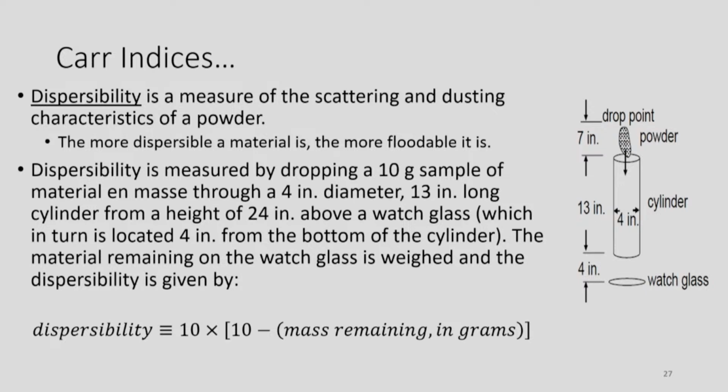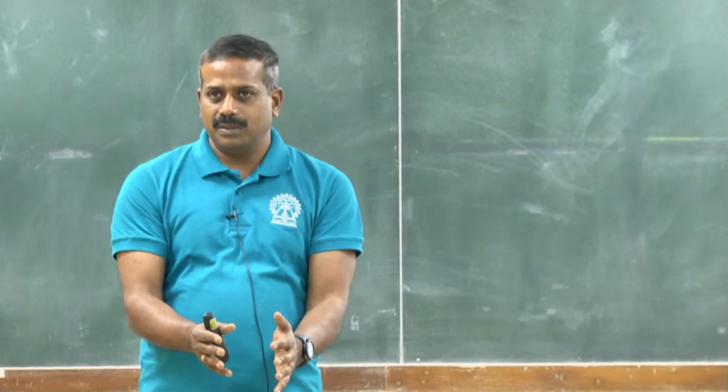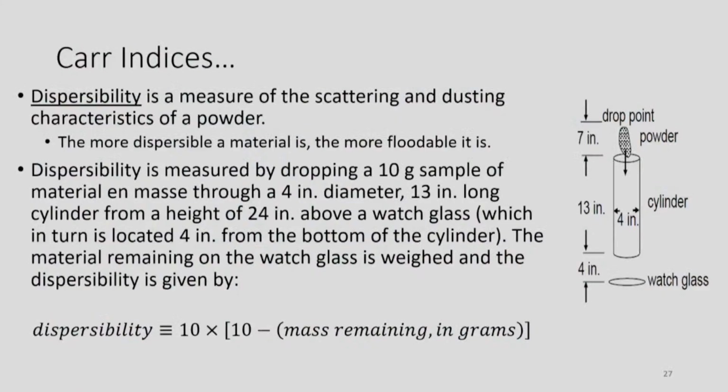Make the powder flow through the pipe and check how much powder spreads across the watch glass beyond the perimeter of the pipe, and how much stays within the perimeter.